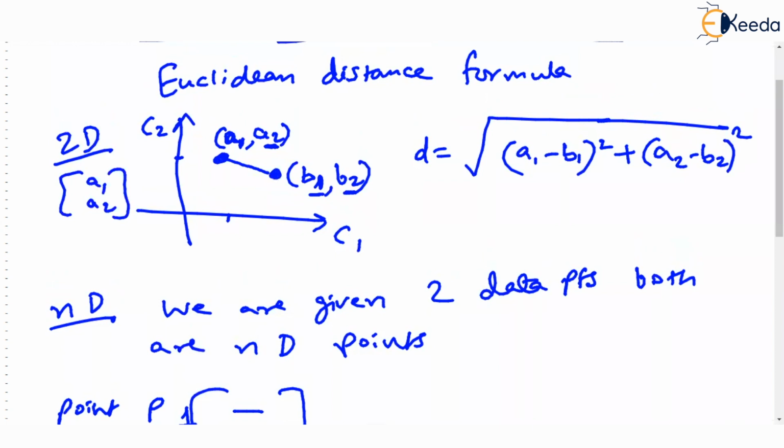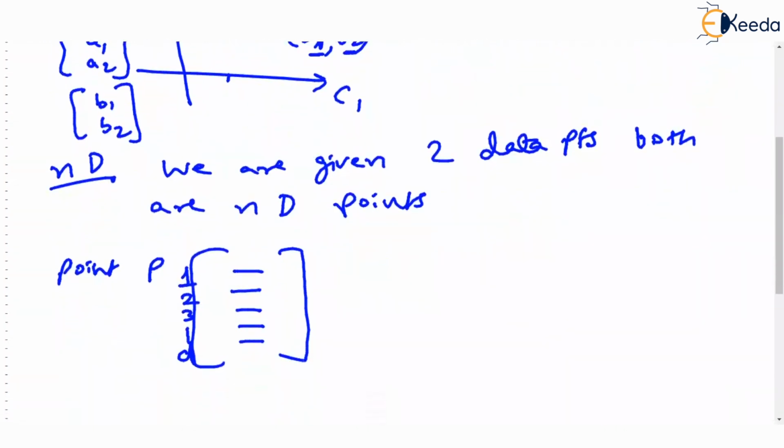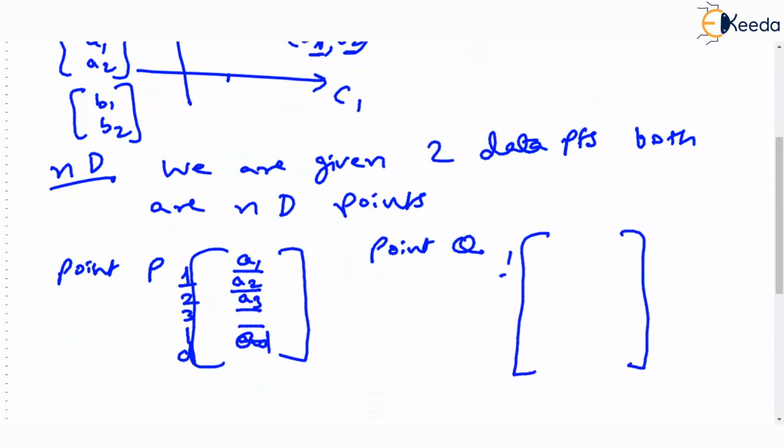This point that I am marking is nothing but B1, B2, a 2-dimensional point. What about higher dimension? Higher dimension will definitely contain A1, A2, A3 up to AD. It's a d-dimensional point, and given another point Q, which is also a d-dimensional point, which will contain d such values, maybe B1, B2, B3, up to BD. We want to find out the distance between P and Q.